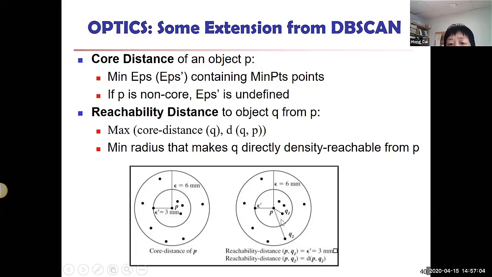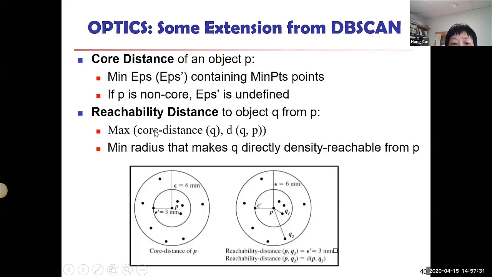So this graph shows us another concept called reachability distance. OPTICS actually graphs the reachability distance for every point. The reachability distance graph is going to tell you how to cluster the data points. So we need to define what reachability distance is.